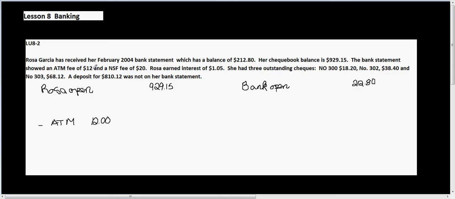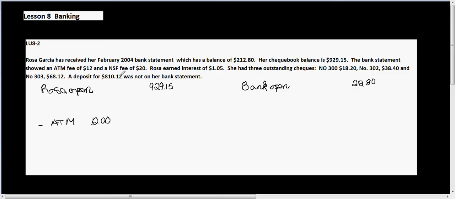What else do we have in here? There was an NSF fee for $20. Well, NSF is a non-sufficient funds, and that means something went through her account that was not processed. But the bank did the work unnecessarily, so they are charging you a fee of $20. It takes them a while to do this work. It's not like processing any other item.